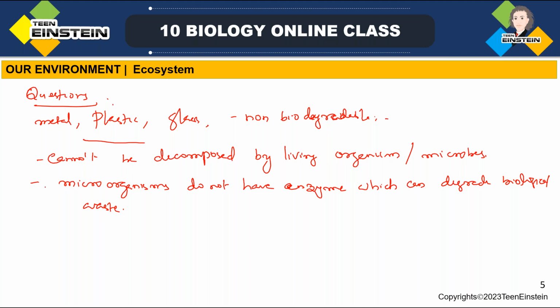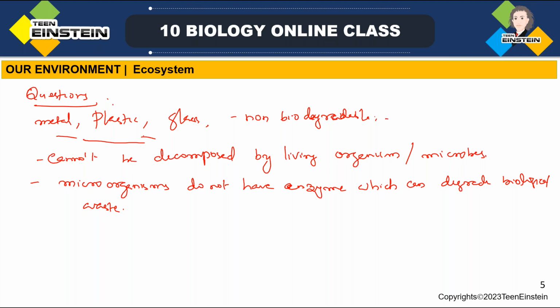So other substances like paper, vegetable waste and leather, all those things can be easily broken down by enzymes. That's why they are called biodegradable waste. Till now there is no enzyme or microbe to decompose or digest this plastic waste or metal waste or glass.